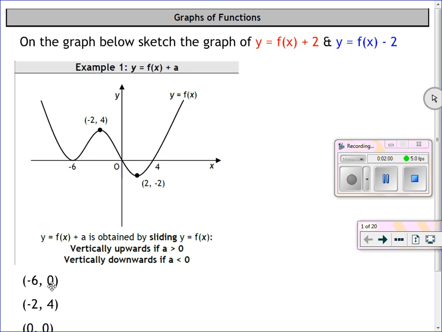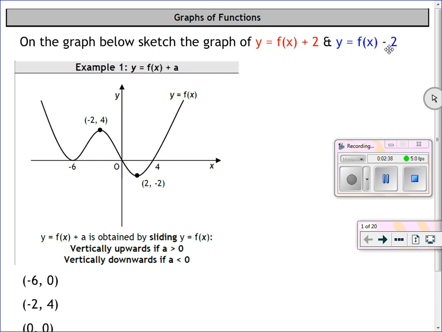So I've picked out these coordinates here. In red, I'm going to sketch the graph of f of x plus 2. This here is a graph of y equals f of x. If we have an addition of a number at the end of a function or a subtraction, then if this number, the a value, is bigger than 0, we move the graph vertically upwards that many spaces.